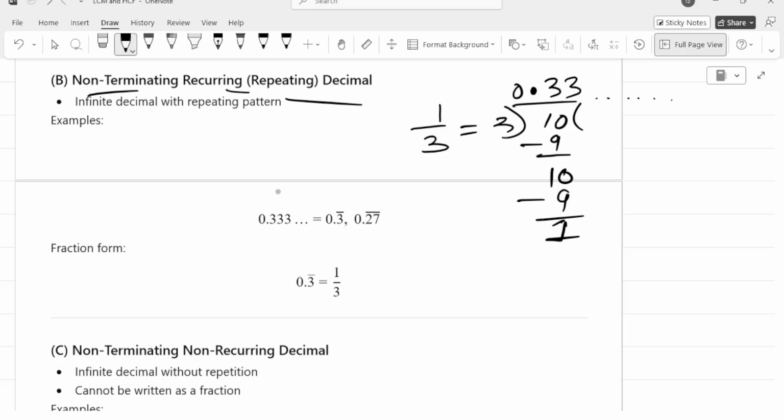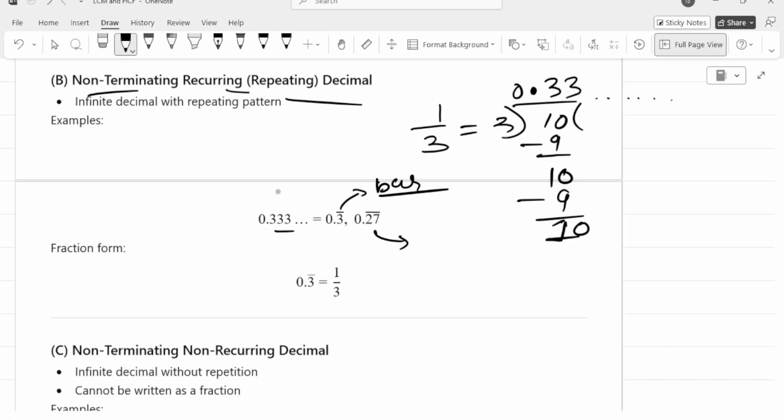Here we clearly see 10 minus 9, 10 minus 9, again 1 comes. So that is non-terminating and recurring. Non-terminating means it continuously goes on, and repeating means the same number is repeated, like 333 and so on. So how do we represent it? After 0.3 we just use a vinculum or bar: 0.3 bar.